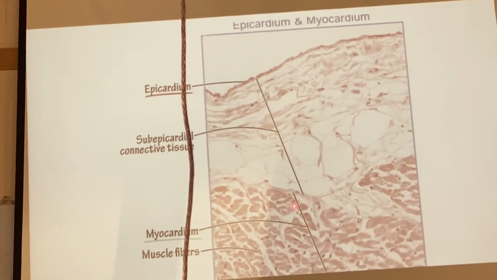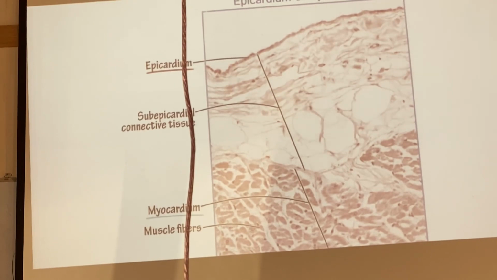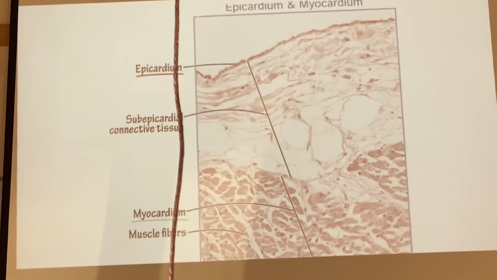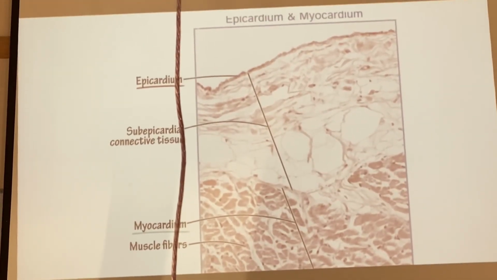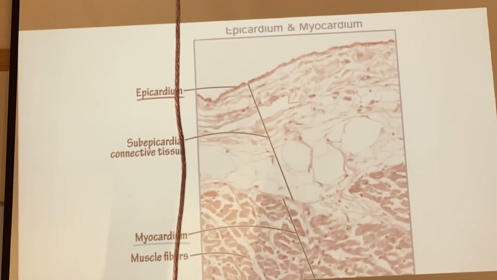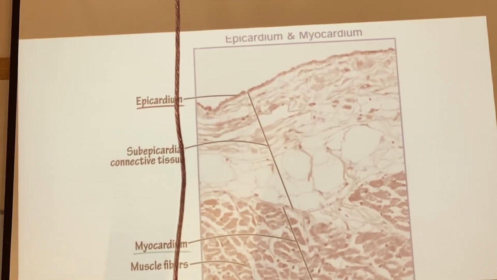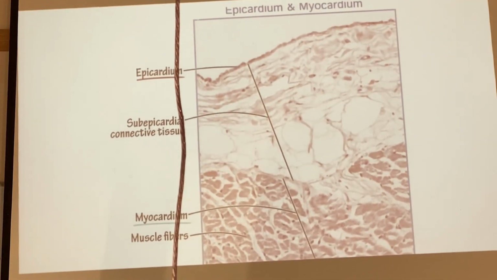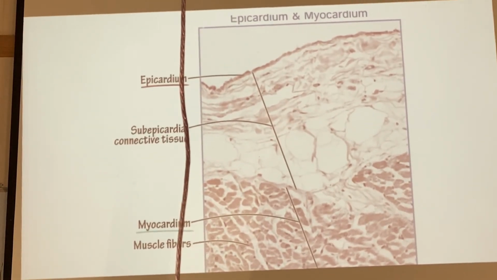This area, subepicardial connective tissue, you have seen in your anatomy, the heart has a lot of fat surrounding it, and in that area we have blood vessels, coronary blood vessels are running there. So that area is the subepicardial connective tissue, which has more adipose tissue accumulated in this area.